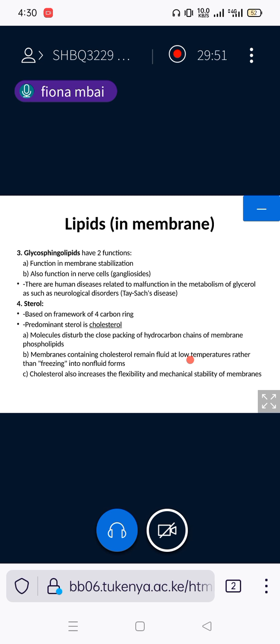They don't jam together and crack because of the low temperature, and they don't freeze into non-fluid form. So you don't have your cells being converted to ice, experiencing very low temperatures. And then you have cholesterol, which provides the mechanical stability of the membranes.